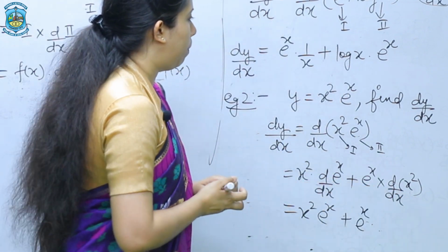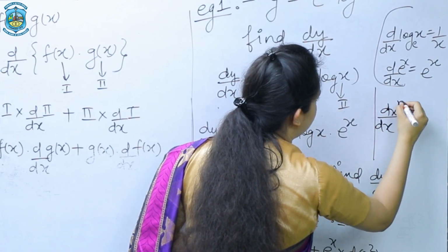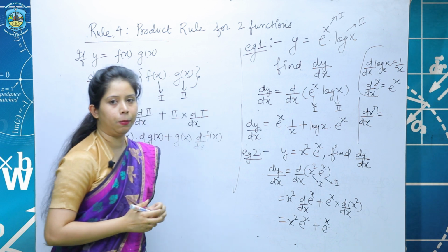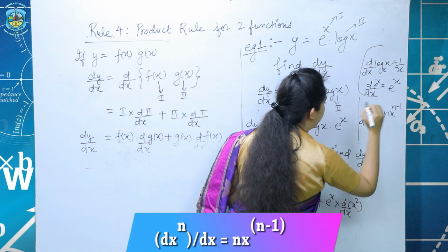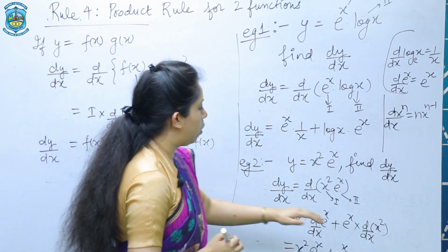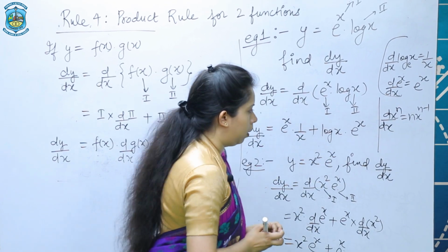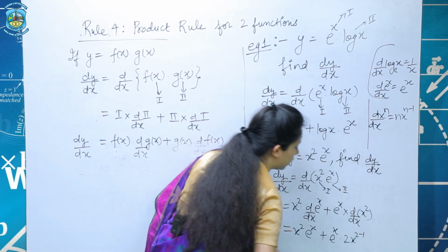Here we will apply the same formula that we have studied earlier, that is differentiation of x raised to the power n is equal to n x raised to the power n minus 1. So here n is what? n is 2. So put the value of n in the formula. You will get 2 into x raised to the power 2 minus 1.